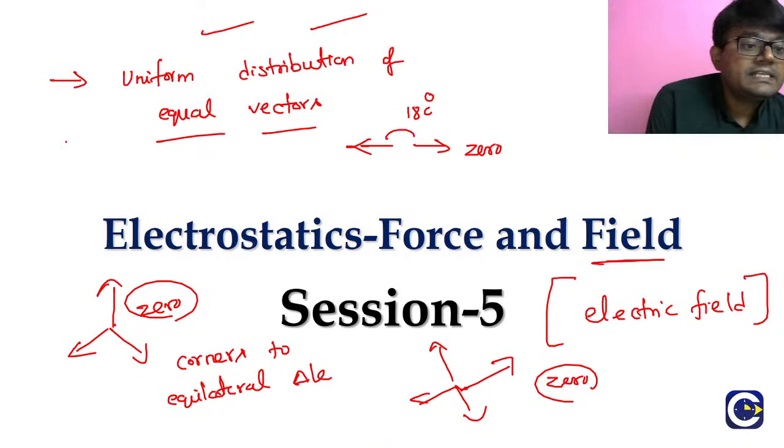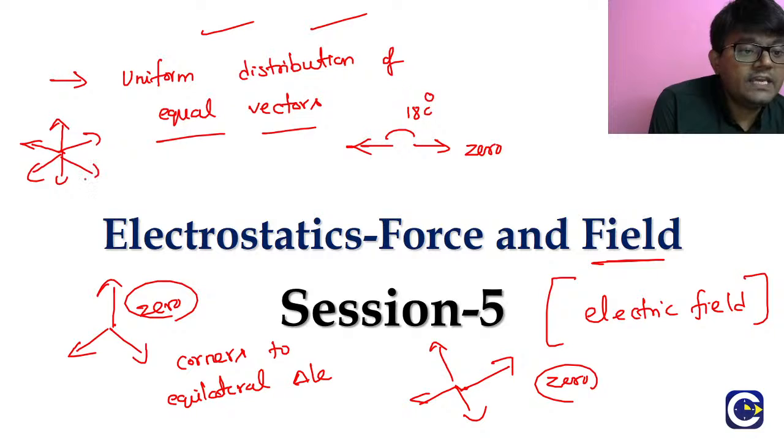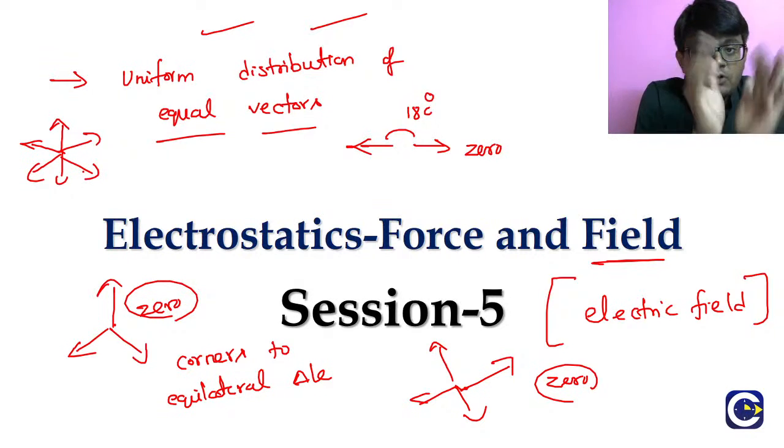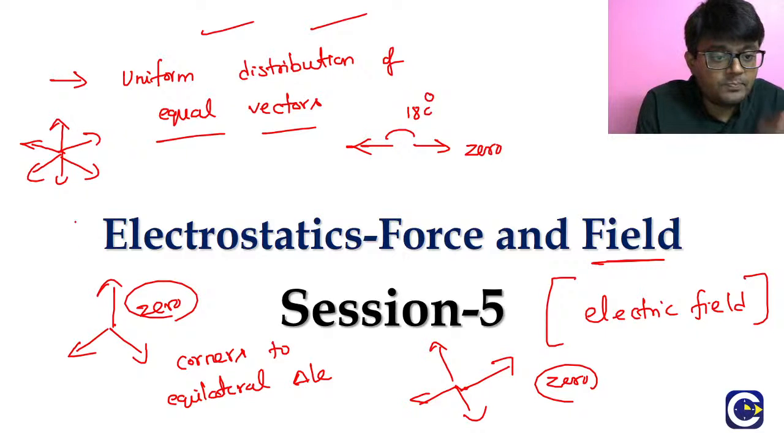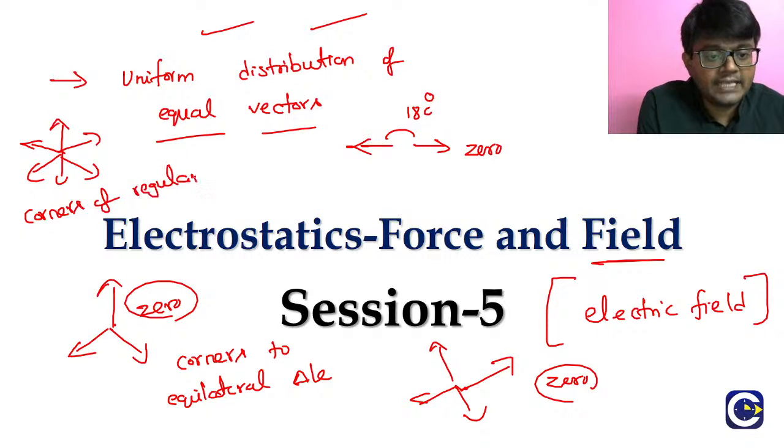If you have six equal forces, arranged uniformly, they point to the corners of a regular hexagon.